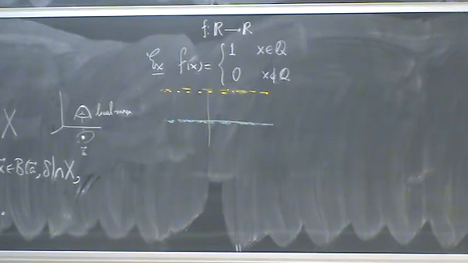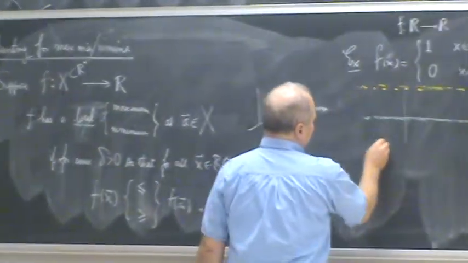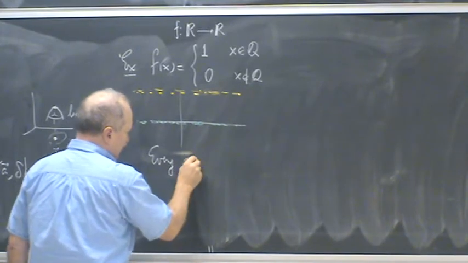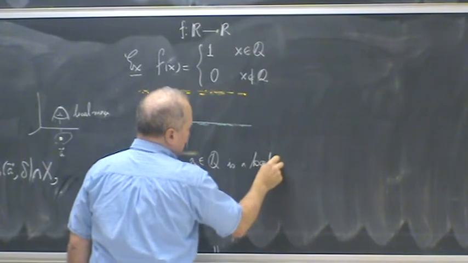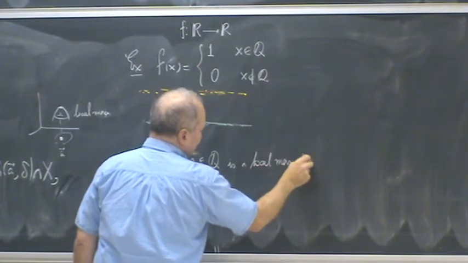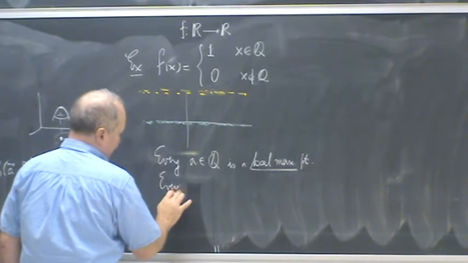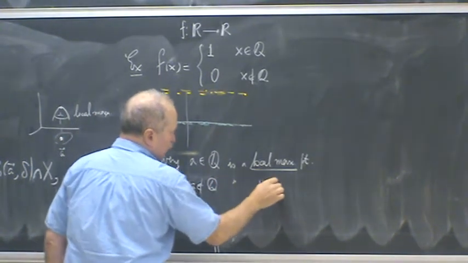The irrationals, local minimum. Weird, isn't it? Every A in Q is a local maximum point, and every A not in Q is a local minimum point.